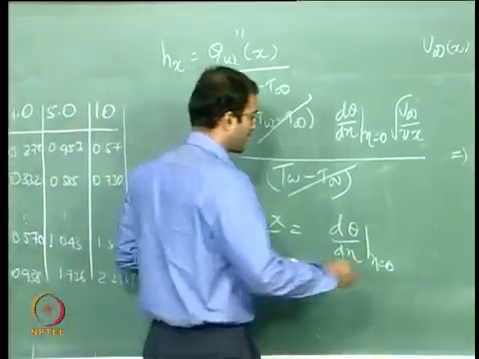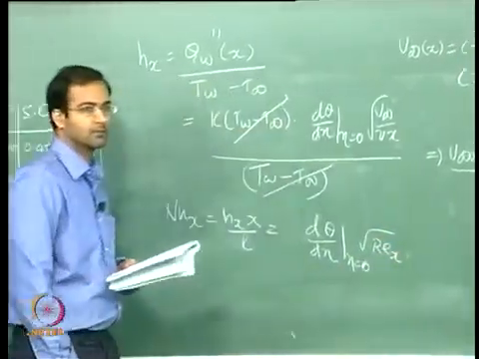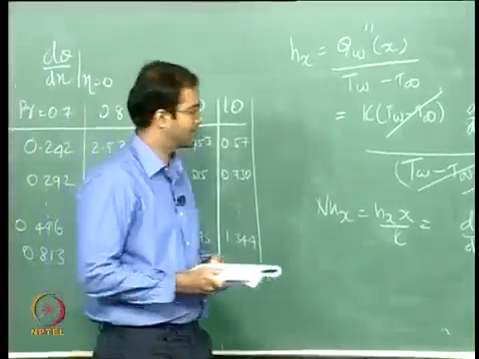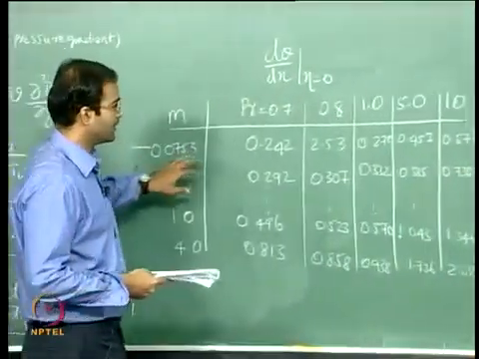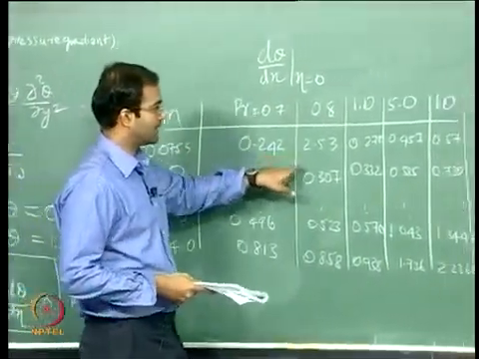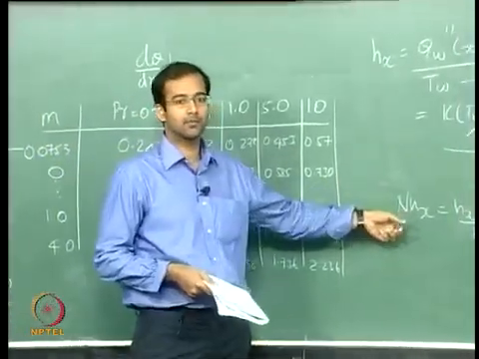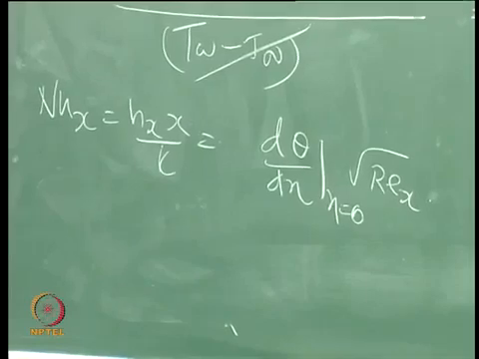Reynolds number, square root of Reynolds number. Okay, this is the same as what we did for the flat plate. Okay, there is nothing new here. Only thing you should now know for which configuration the value of d theta by d eta you have to pick, put it there, and then you will get the Nusselt number profile for that particular value of m.